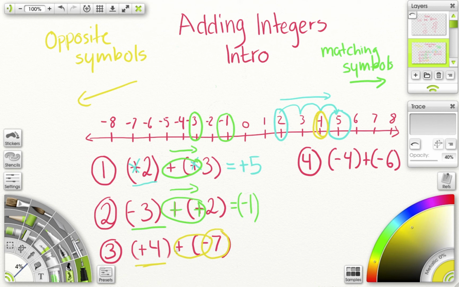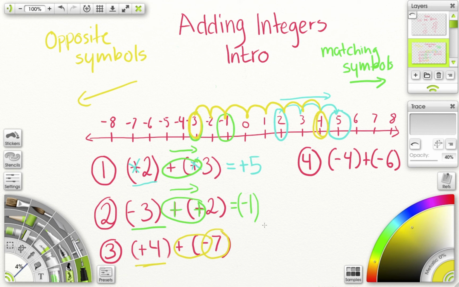So I have positive 4, and I'm adding negative 7, which means I'm going 7 spaces to the left because they're opposite symbols, and my second number is 7. So I go 1, 2, 3, 4, 5, 6, 7. And where do I end up?